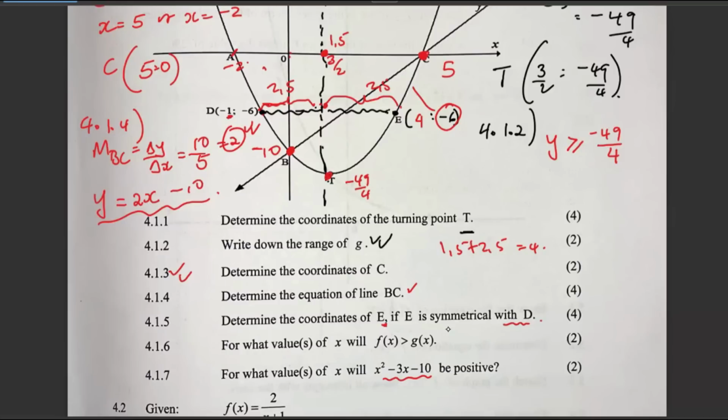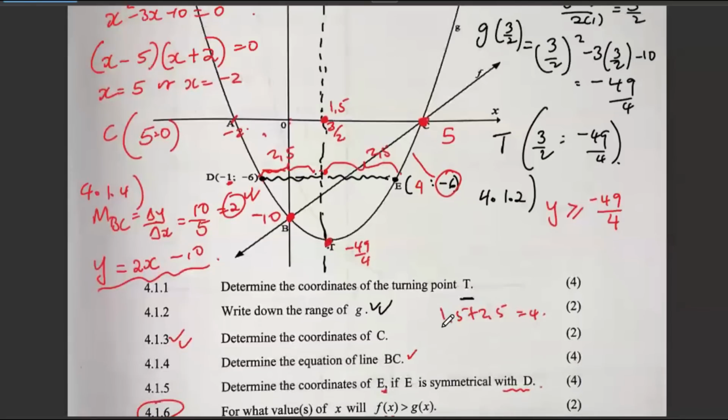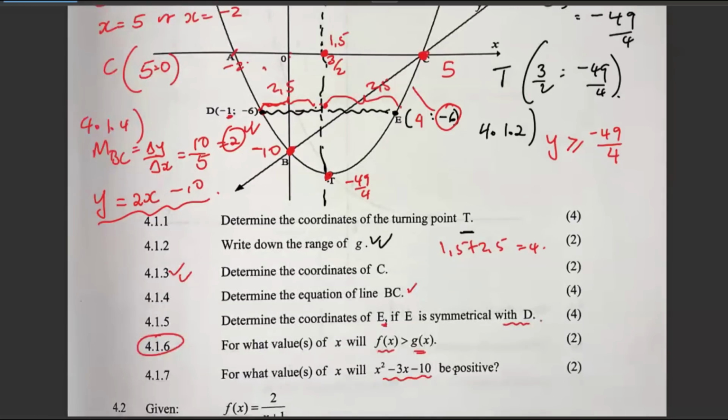They're asking us for which values of x will f of x be greater than g of x? Okay, 4.1.6. Where do we find f to be above g? So f is here and it's above here, between 0 and what? Between 0 and 5, meaning that 0 must be less than x and x less than 5. So between this interval, that's when we find the graph of f to be slightly above the one of g.